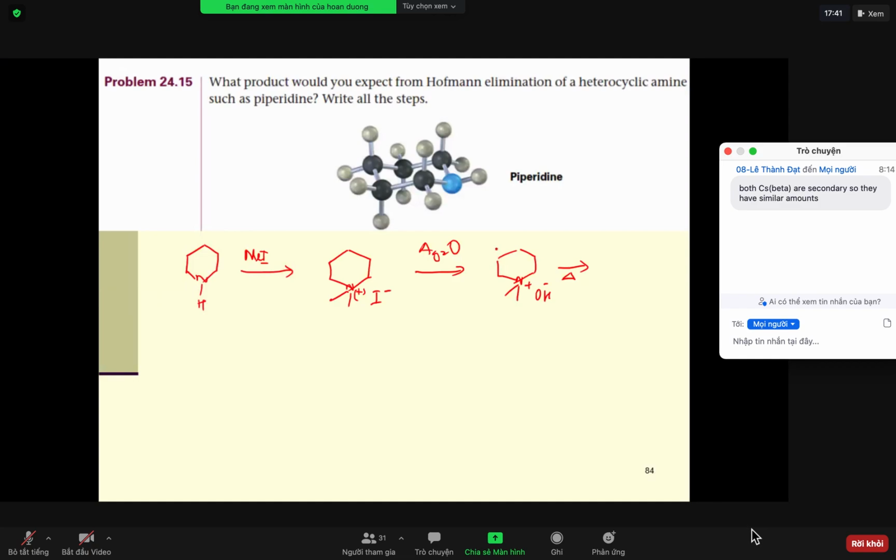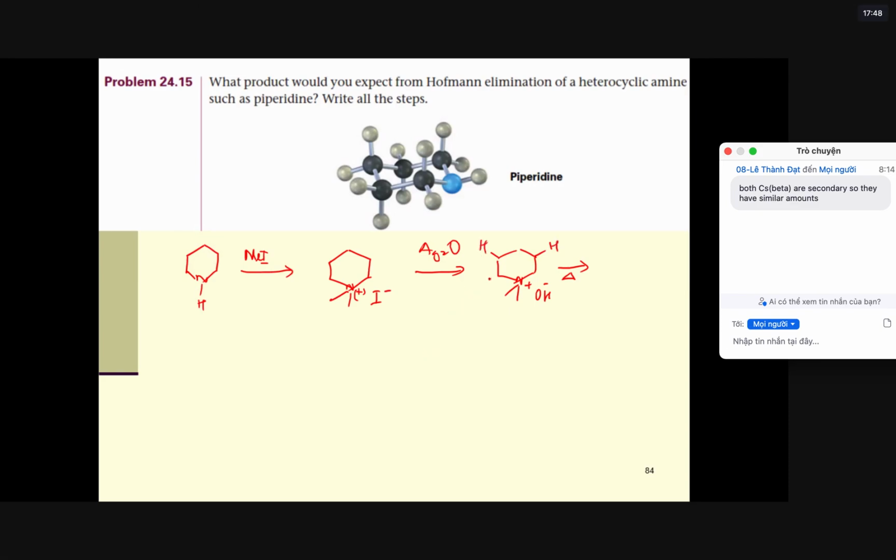So now the same, you have to pay attention here, right? And H here and H here. Okay? So here's alpha and here's the beta. Right? So the other side is the same. So I don't have to put it more. So for example, if you do elimination with this one and this hydrogen, okay? And then you can get the product like this.